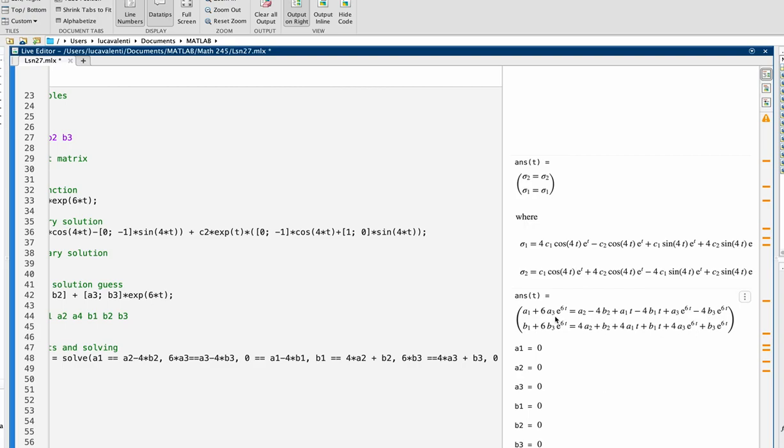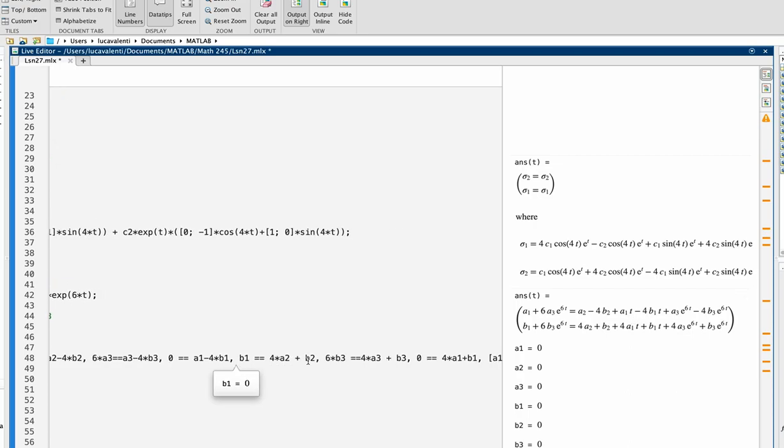So a1 here should be equal to a2 minus 4 times b2. That seems right. And then we have 6a3 should be equal to a3 minus 4b3. Okay. And then 0 should be equal to a1 minus 4b1.